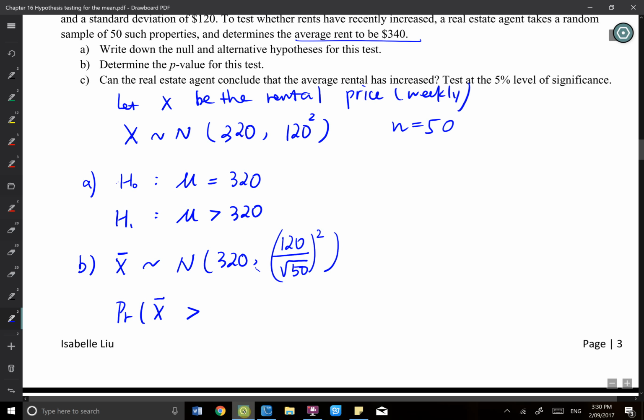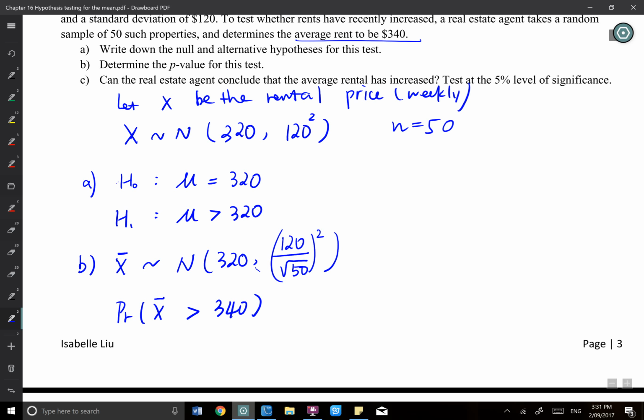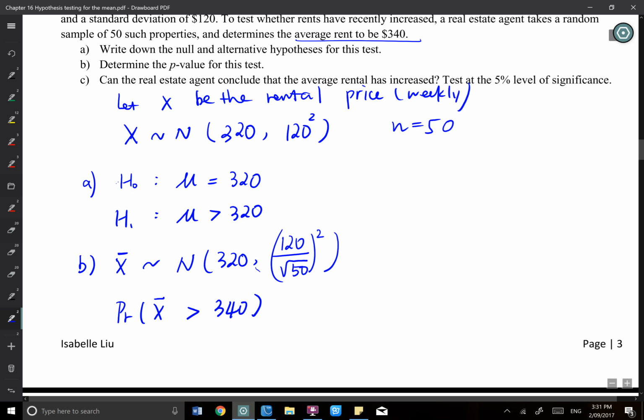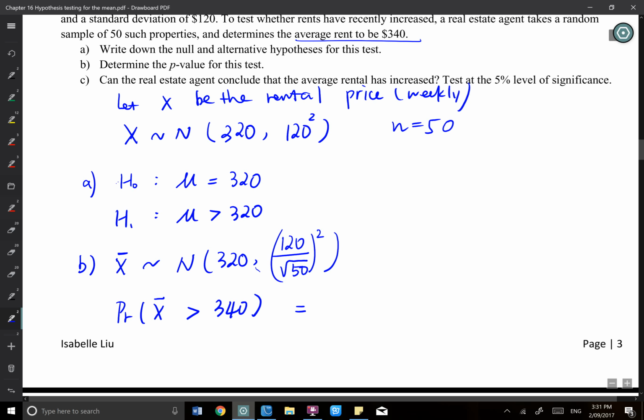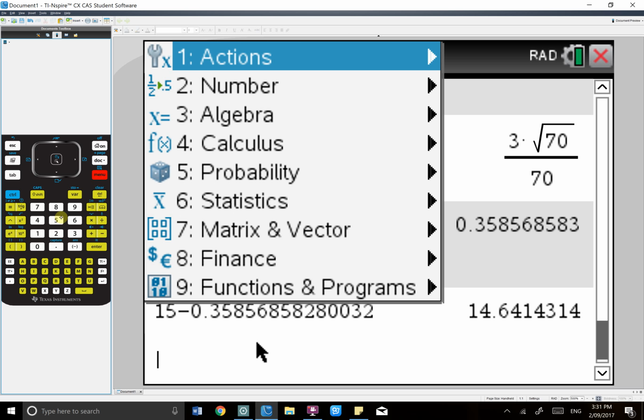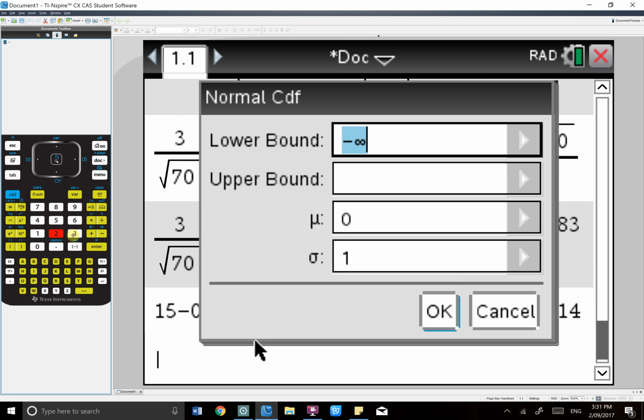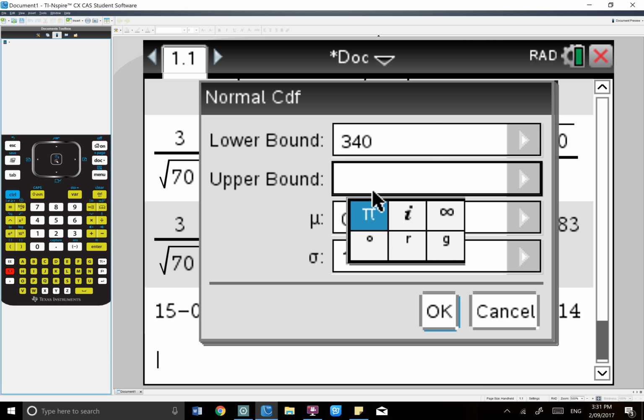Okay, it's not 320, it's 340. It's the observed value. If you said greater than 320, that's 50%. We never reject it. It must be greater than the observed value. You want to see, is it easy to get the observed value? So that equals the probability of 340 to infinity.